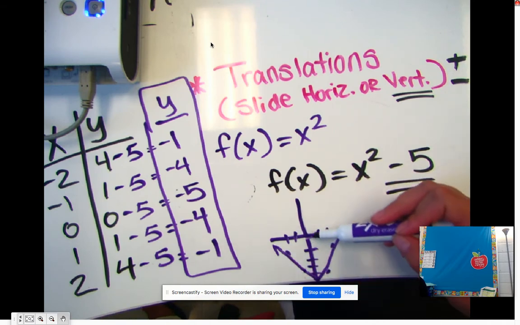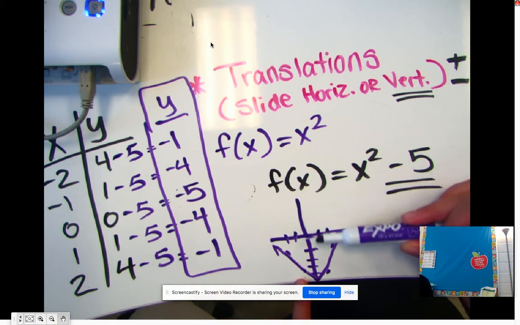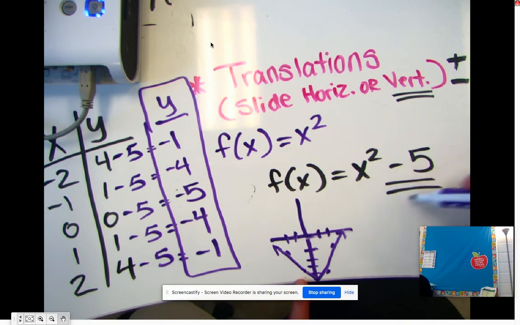Okay, all it did was move it down by 5. So for the table, I only subtracted by 5. For the graph, it moved my y values down by 5 because it's on the outside.